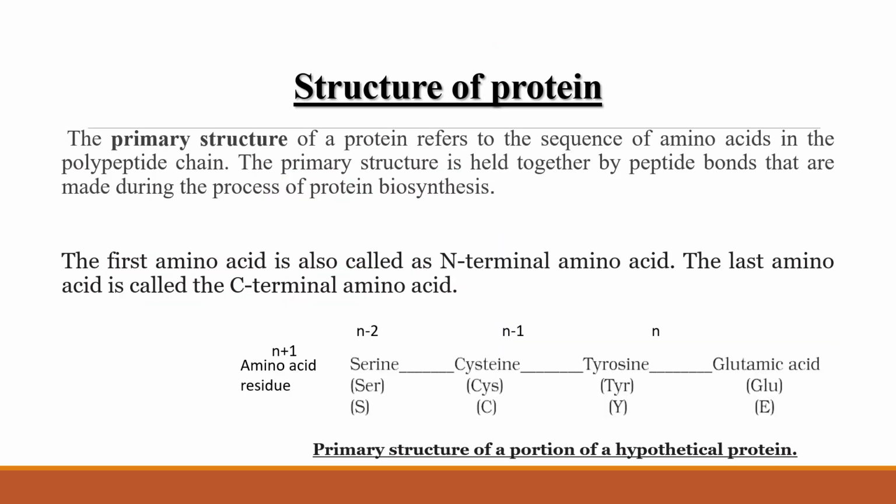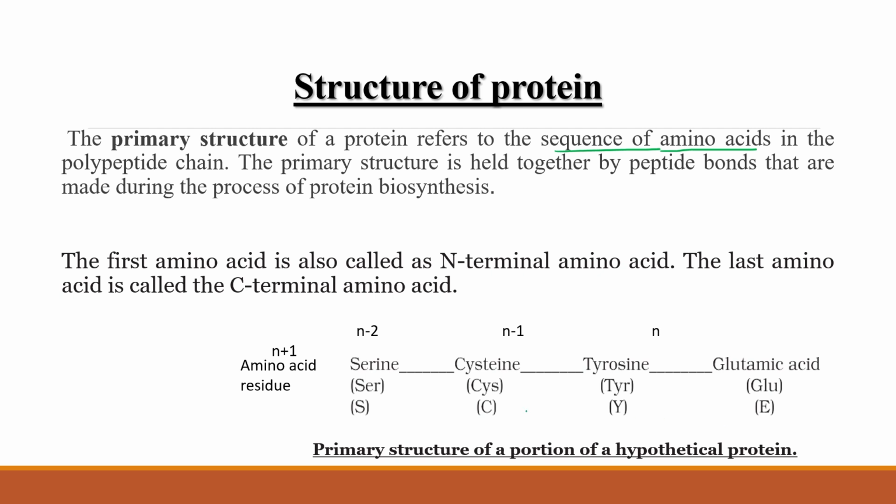Now, structure of protein. The primary structure of protein refers to the sequence of amino acids, just a polypeptide chain. The primary structure is held together by peptide bonds that are made during the process of protein synthesis. As you can see in this diagram, serine, cysteine, tyrosine, glutamine are there.